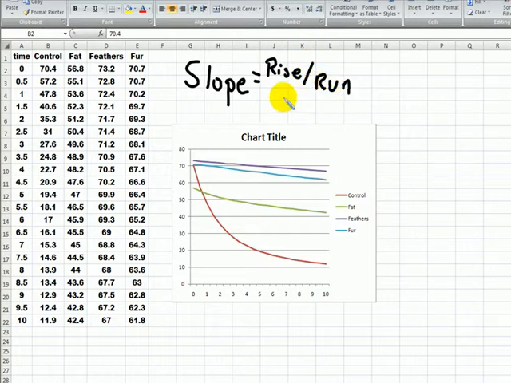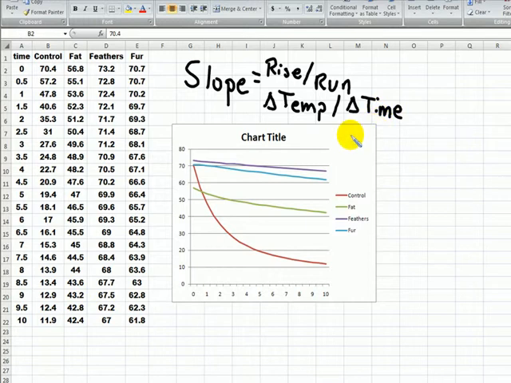And so another way of looking at that with regard to this data is the change in temperature divided by the change in time. And so you can see I have time column right here and my temperature column right here.